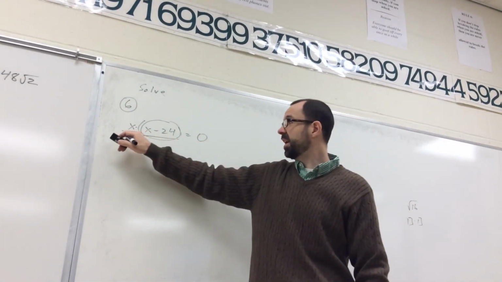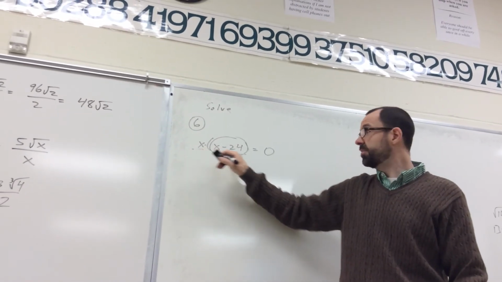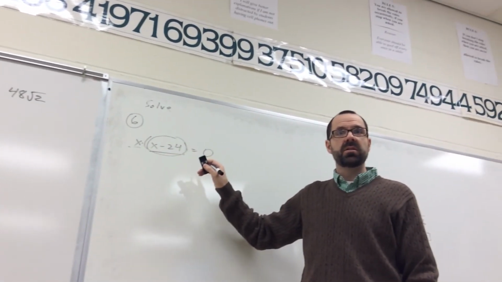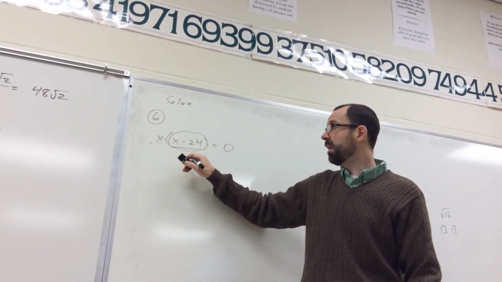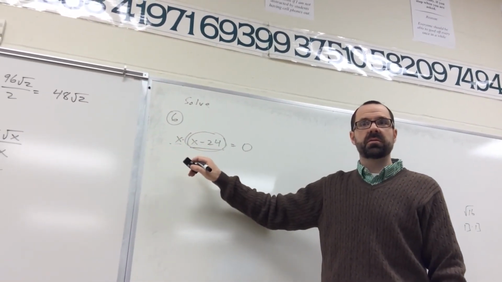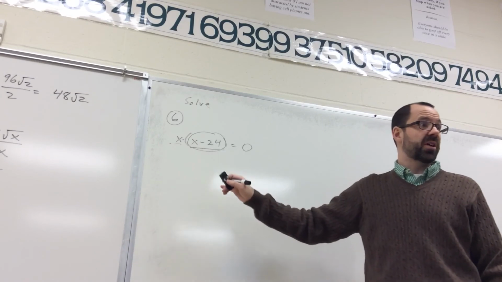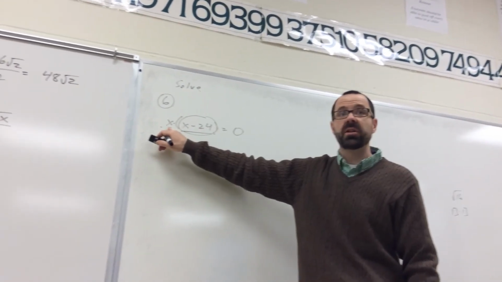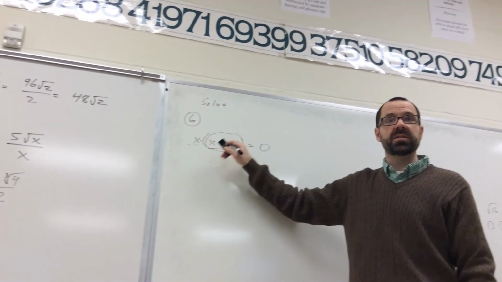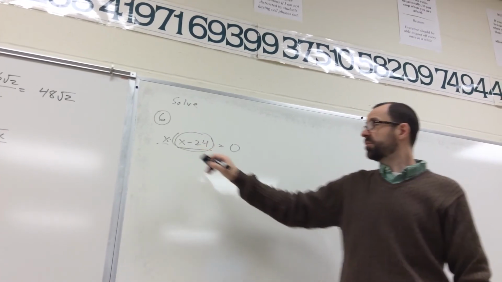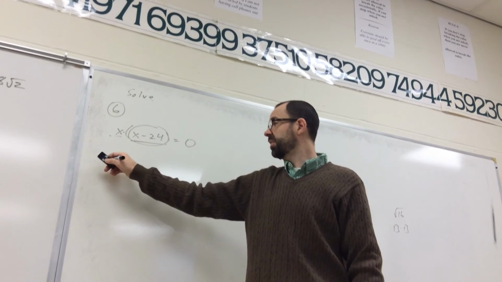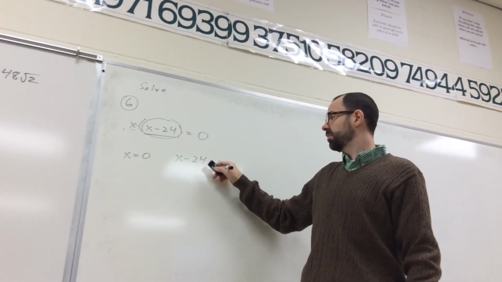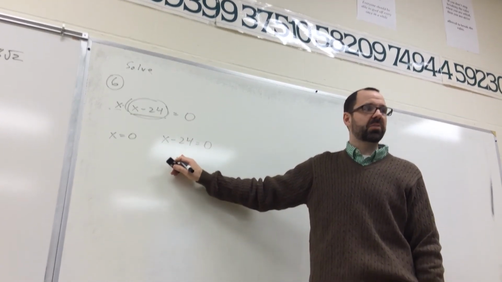Or even if this was 97, 97 times 0 would be 0. So what I'm saying is, if this number was 0, it wouldn't matter what the first one was. And it's also true vice versa. If this number was 0, it wouldn't matter what that one was. So when you have two numbers multiplied that equal 0, you can just set them separately equal to 0. We've done that before. It's called the zero product property.